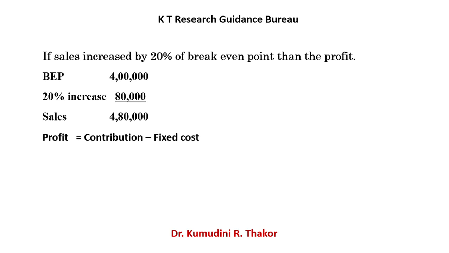Profit is equal to contribution minus fixed cost. Your contribution is 40%. So 40% of 4 lakh 80,000 and fixed cost is 1 lakh 60,000, that you find out, is equal to 32,000.